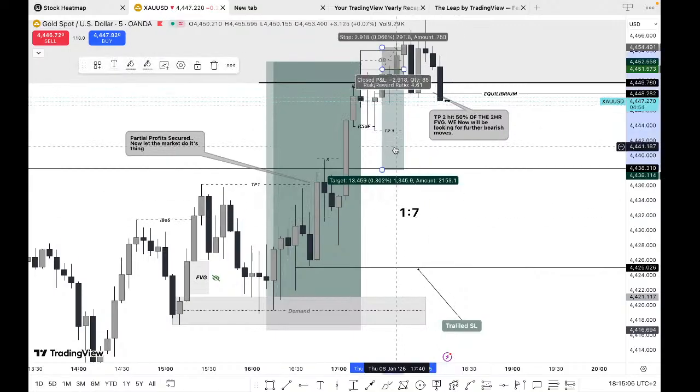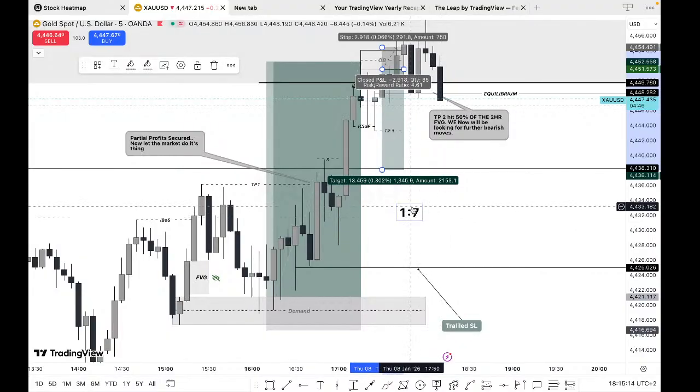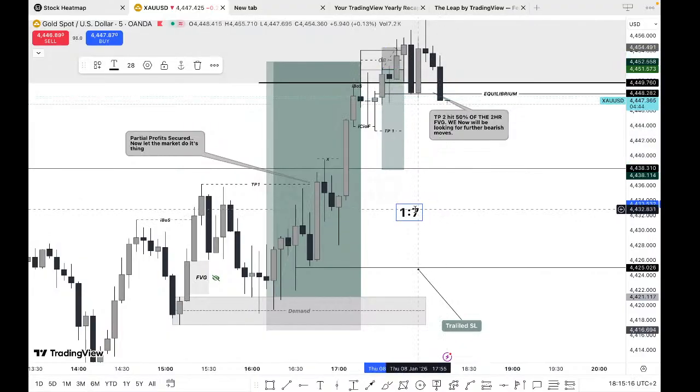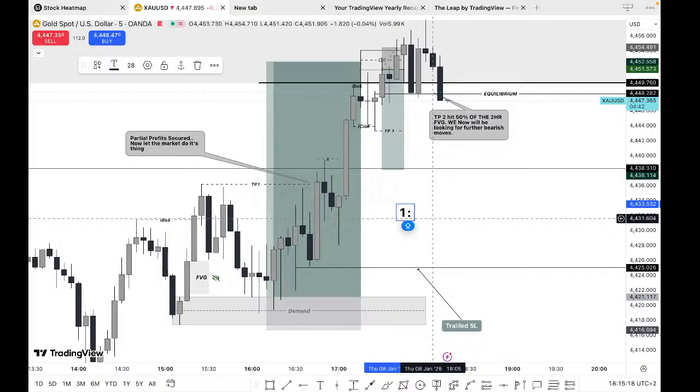And then we attempted a 0.06 with a 0.03, so we lost like 0.06 of this. So let's put our RRR to like 1:6.